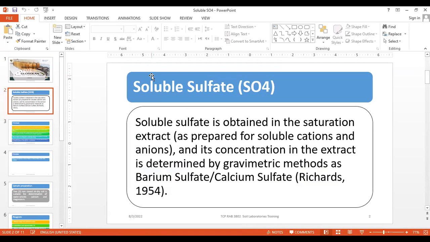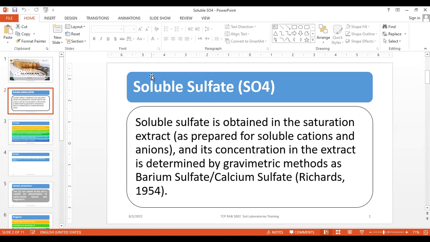As with the other previous cations and anions, soluble sulfate is obtained in the saturation extract, and it can be determined by gravimetric method as barium sulfate or calcium sulfate. Normally, the best way is to convert the soluble sulfate in the solution into a precipitate of barium sulfate or calcium sulfate.